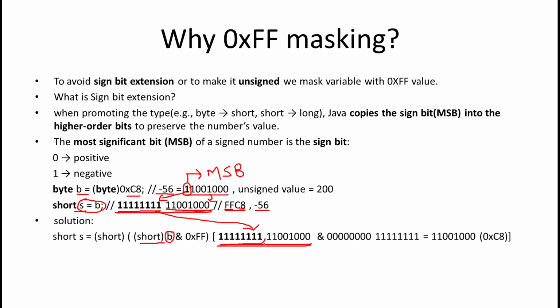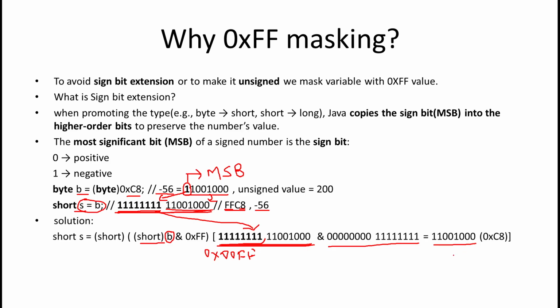So the b variable's value will be this, and now we are performing the AND operation with FF, or you can say 0x00FF, both are the same. So we are performing the AND operation, or masking, with FF, hence the resultant value will be C8.